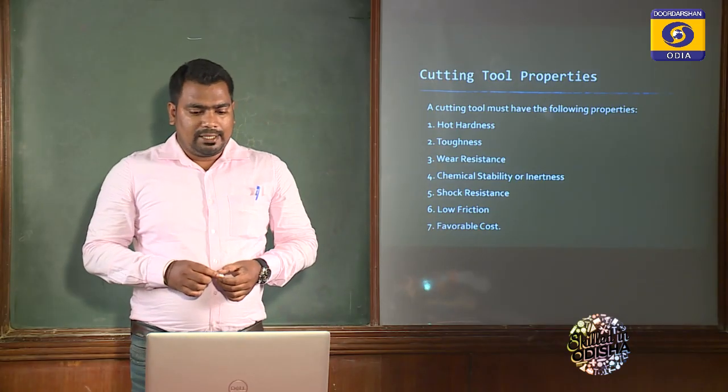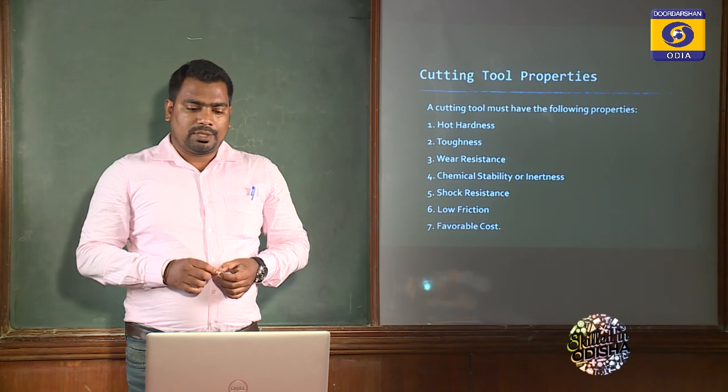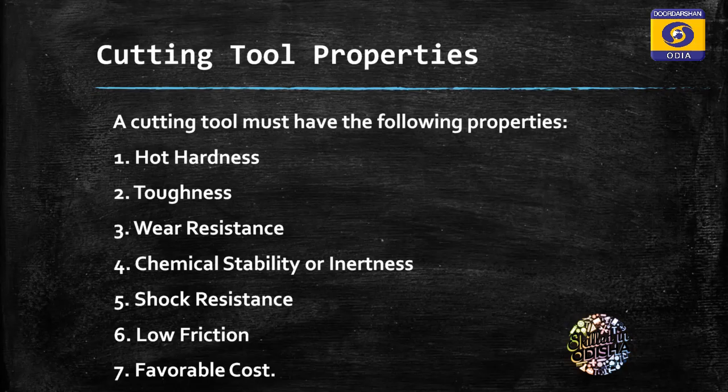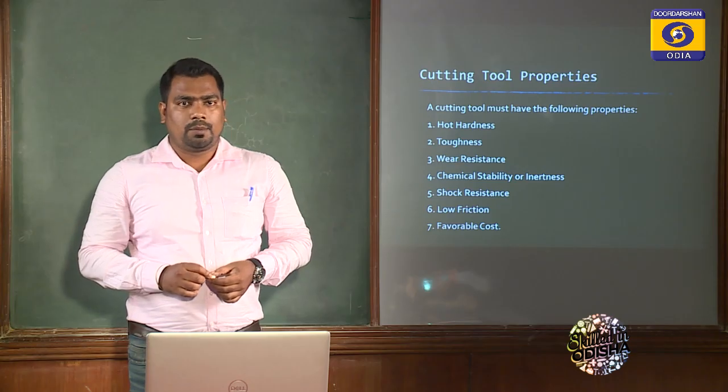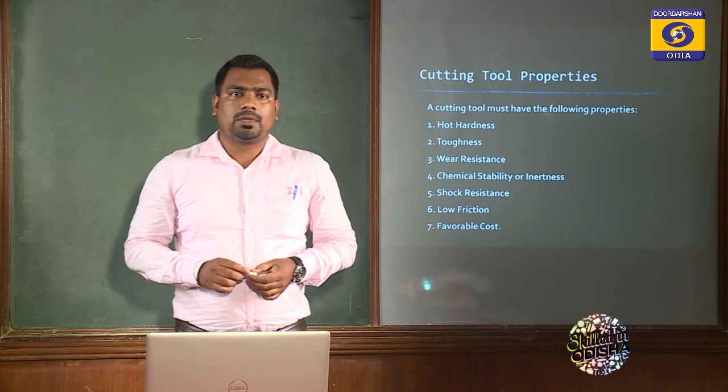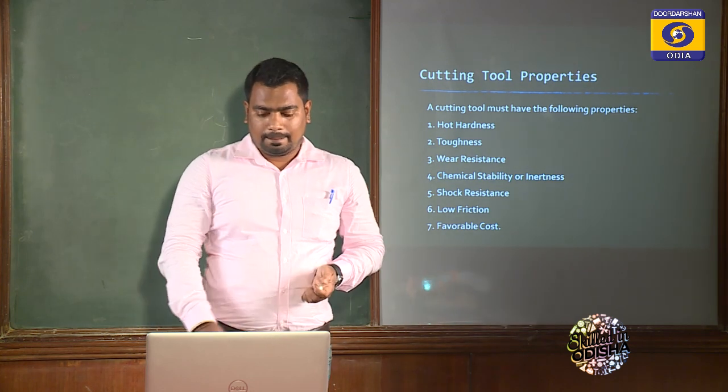Chemical stability or inertness is also required. Shock resistance and low friction are also required properties for a cutting tool material. And lastly, the cutting tool material must be available at a favorable cost for the economical use of machining.